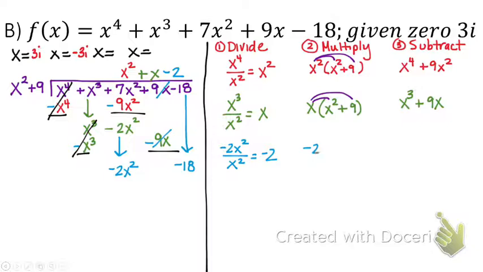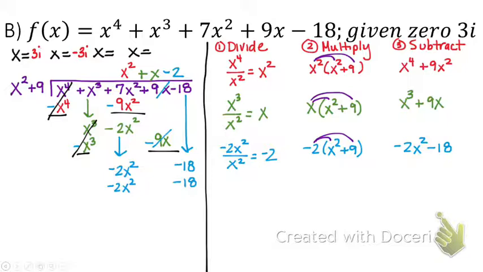And then you have negative 2 times x squared plus 9. You distribute. You get negative 2x squared minus 18. Line that up. Negative 2x squared minus 18.